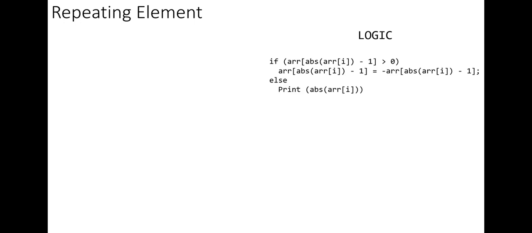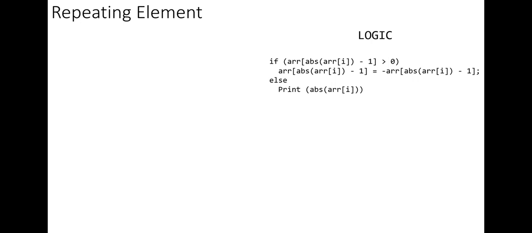First of all, we would see the logic of the repeating element. In this logic, there is an if and else condition. If array of absolute of array of I minus 1 is greater than 0, that is, the absolute value of array of I used as an index, and the value at that index is greater than 0, that means the value is positive. We would make this value negative.